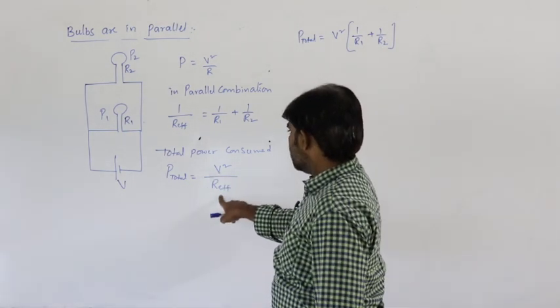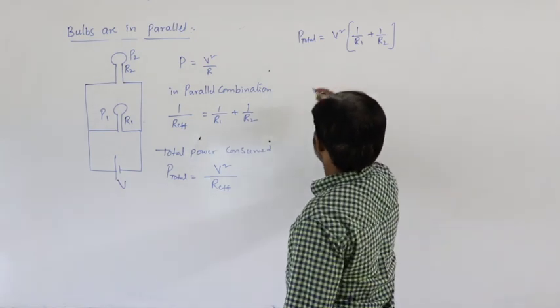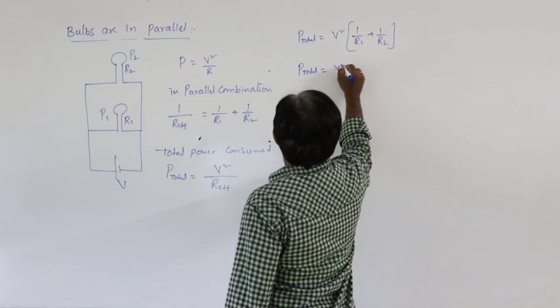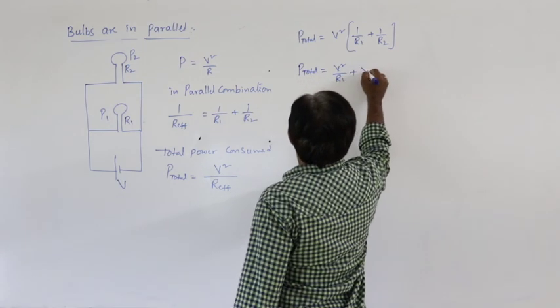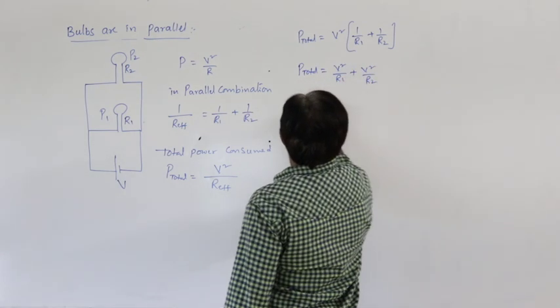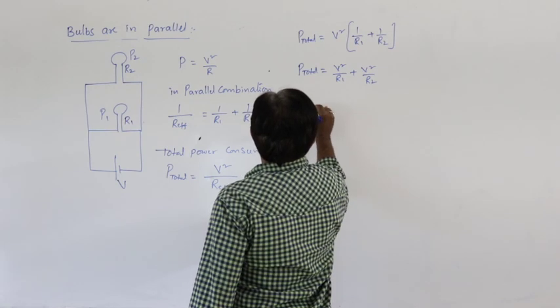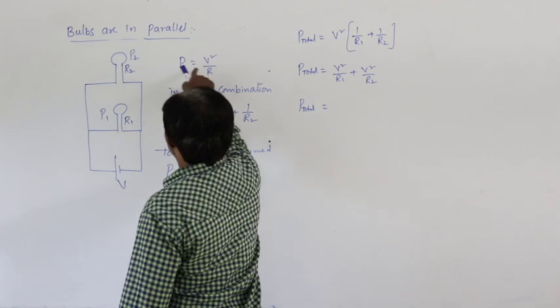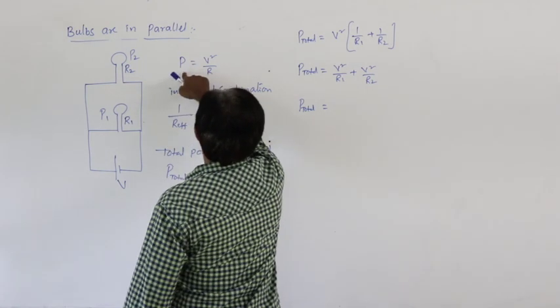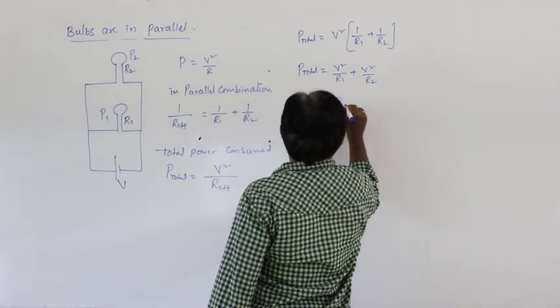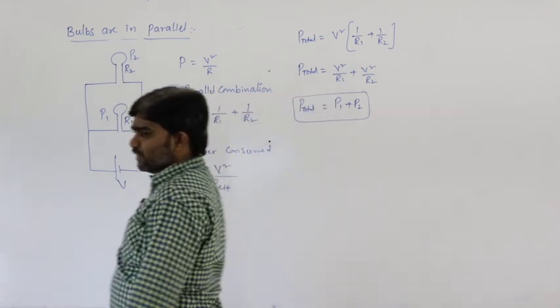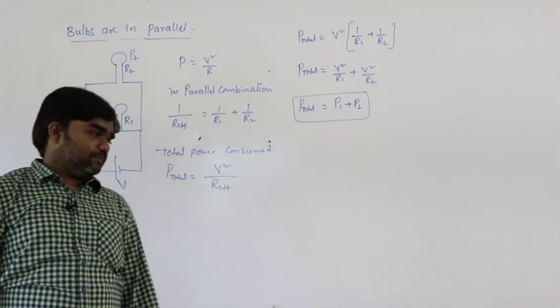In place of 1 by R effective, we can write 1 by R1 plus 1 by R2. Then P total is equal to V square by R1 plus V square by R2. V square by R is nothing but power, so P total is P1 plus P2. This is the effective power in parallel combination.